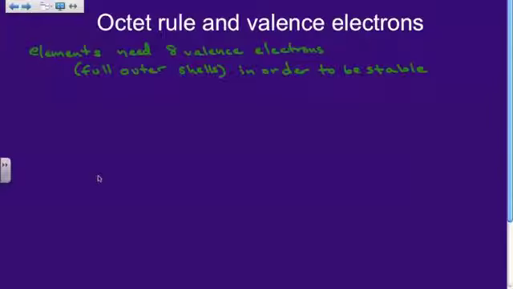So, if we look at a bunch of different elements, first we have to decide which electrons are indeed the valence electrons.